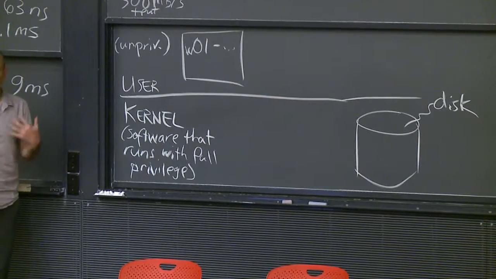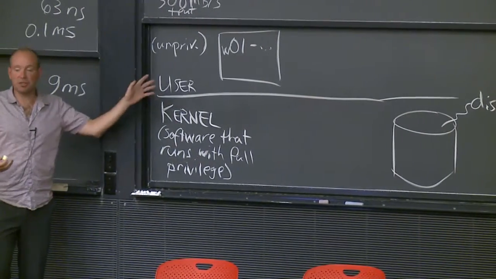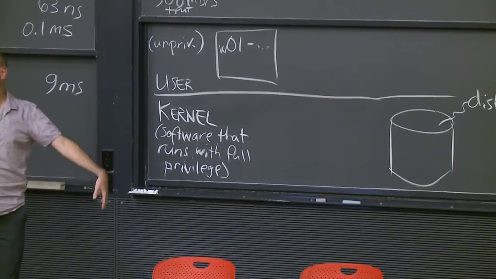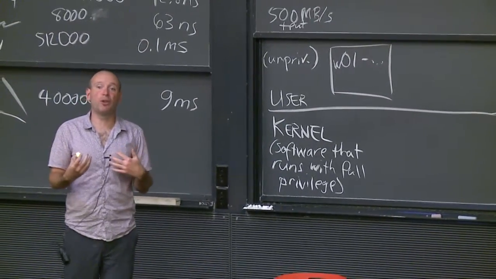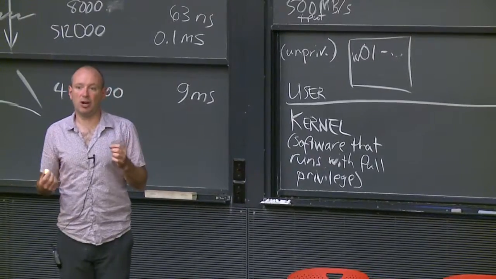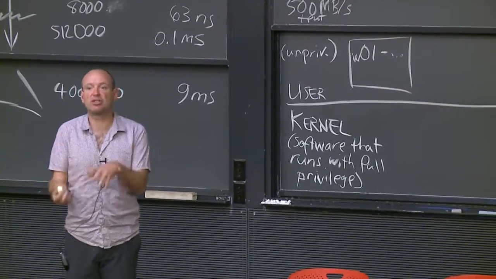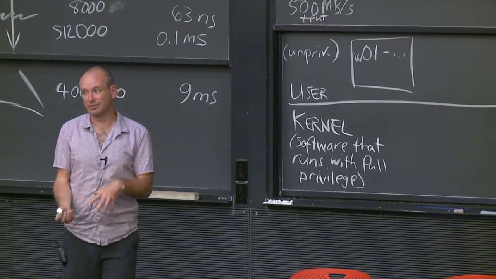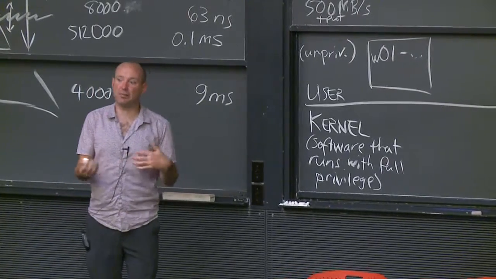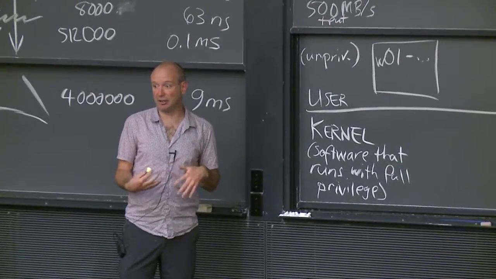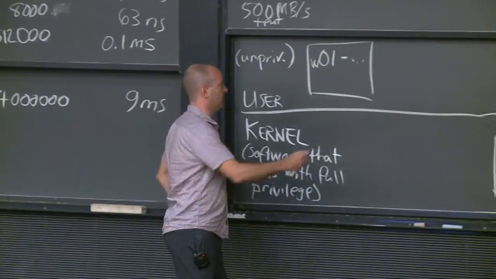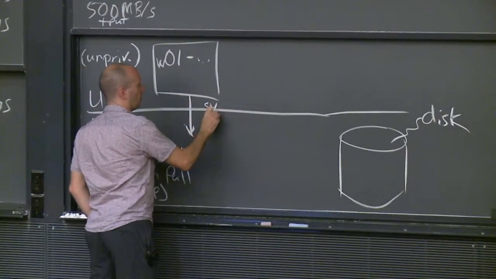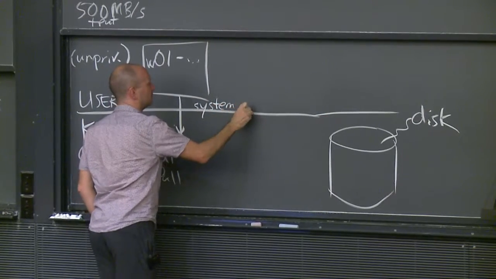A system call is a function call that the user makes to the kernel. But unlike a normal function call, that system call involves calling out to a region of greater privilege. We'll see a lot more about that privilege control transfer in a later unit. For now, just know that a system call crosses this boundary. So we can call this the system call boundary.